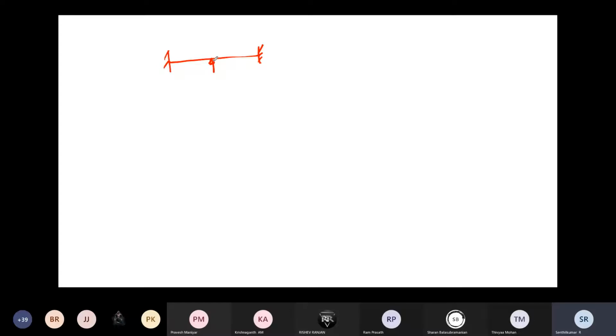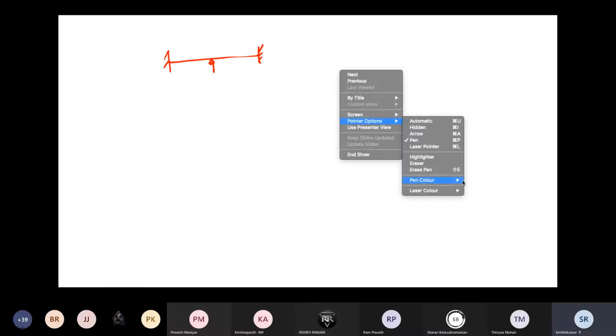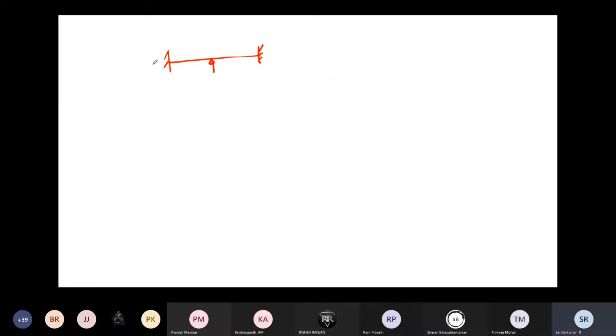You have to assume zero length here, and zero length here. Then it becomes a kind of continuous beam effect, so you can solve it and get a real value. That equation is only valid for that kind of beam, not for a fixed beam. That's why we assume these imaginary spans. Then it becomes a normal continuous beam.